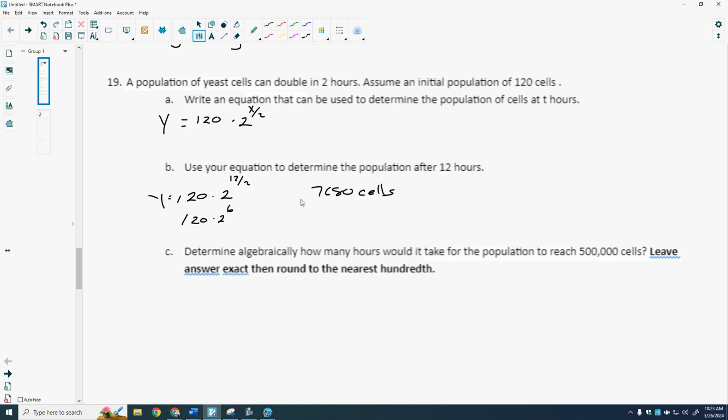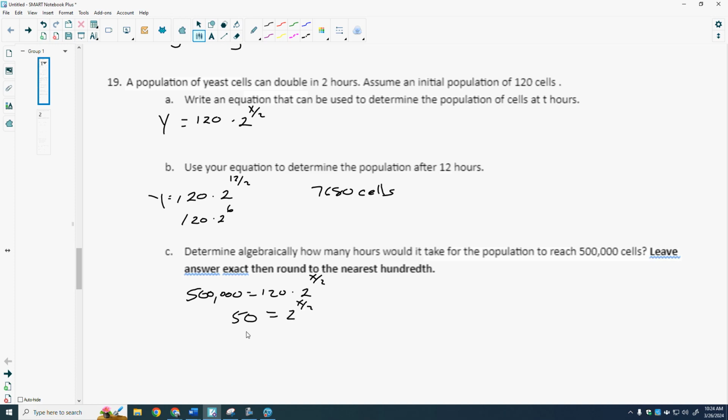Question C. Determining how many hours it would take to have 500,000 cells. So I'm going 500,000 equals 120 times 2 raised to the x or t over 2. Going to divide by 120, and I get 50.